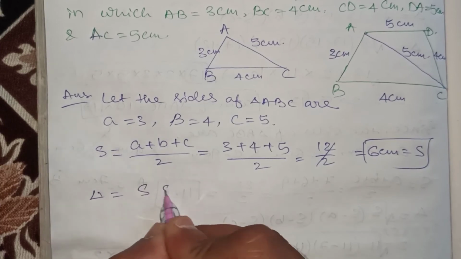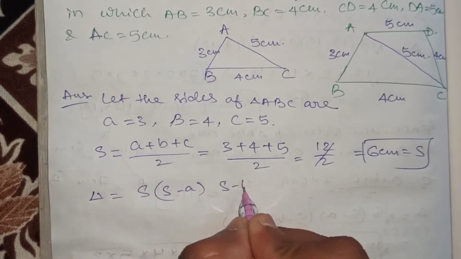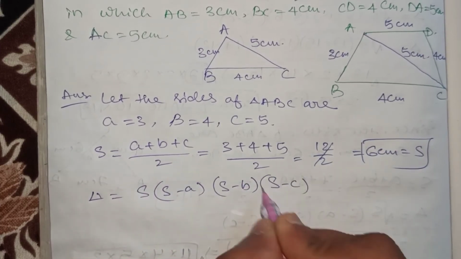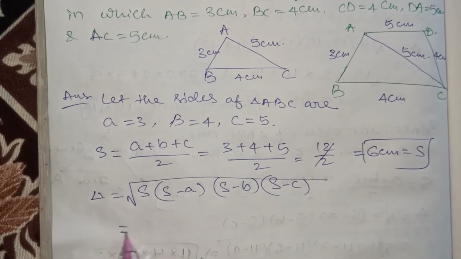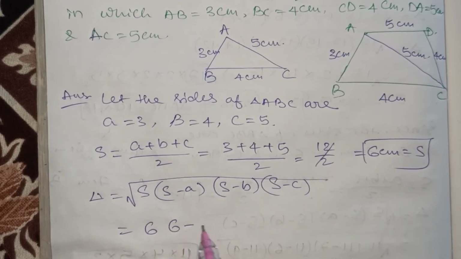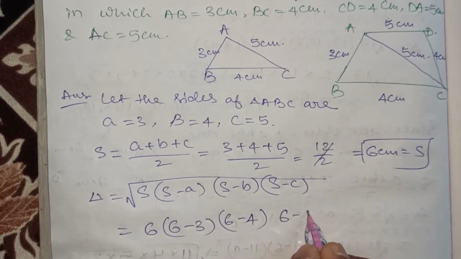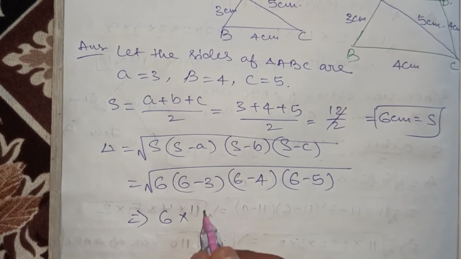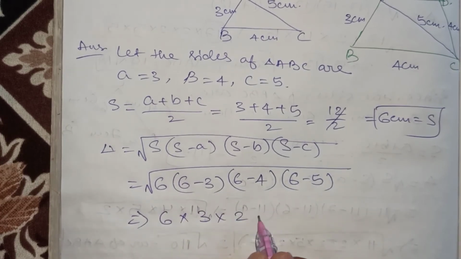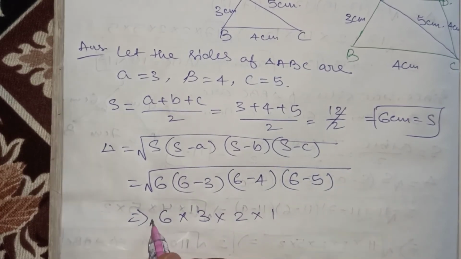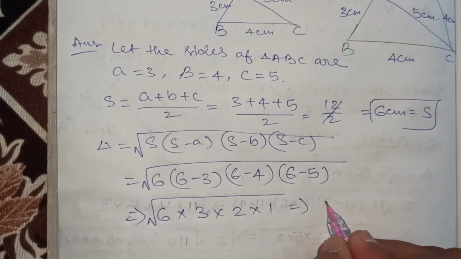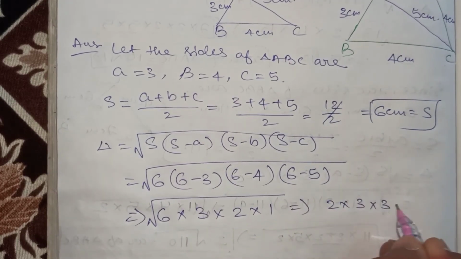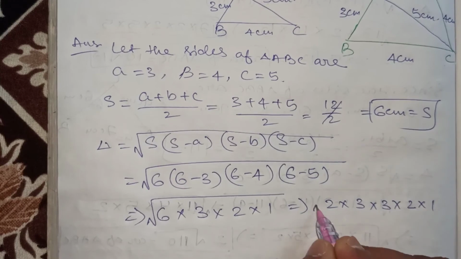Okay. Now we will use Heron's formula. Area equals square root of s(s minus a)(s minus b)(s minus c). s equals 6, so 6 into (6 minus 3), (6 minus 4), and (6 minus 5): 6 into 3, 2, 1. 6 can be written as 2 into 3, into 3 into 2 into 1.